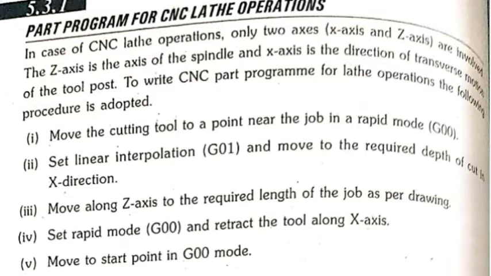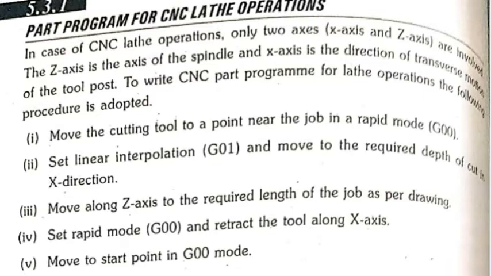Then set rapid mode, that means G00, and retract the tool along the X axis. Lastly, move to the start point in G00 mode. So this is the CNC part program instruction procedure adopted for the lathe operations.